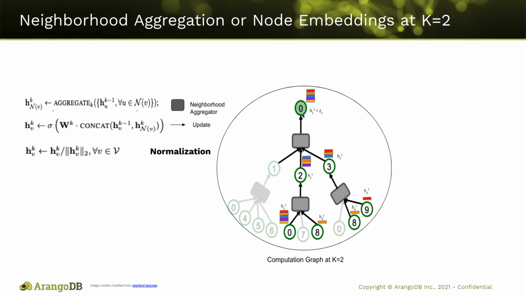At this point, node 0 has the information of its local neighborhood up to 1 hop and up to 2 hop distances. So as we go into deeper depth, more and more information the nodes gather about what surrounds them.